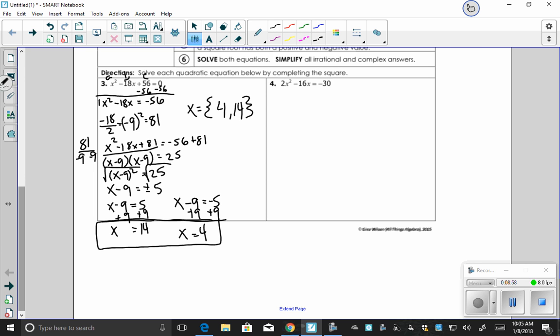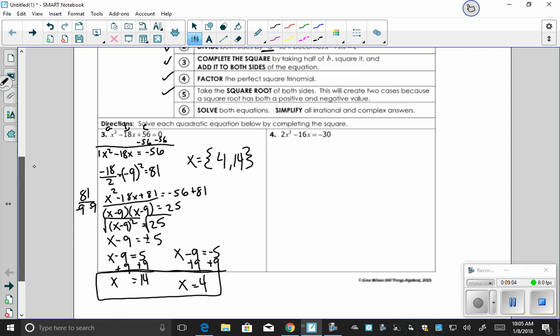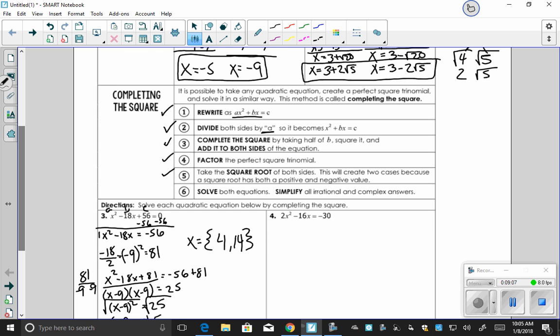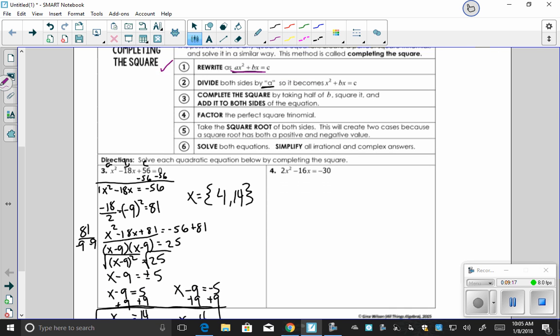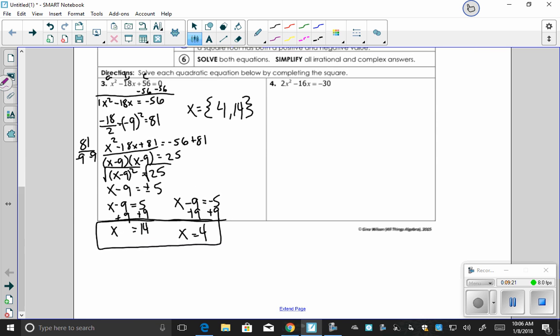So let's look at number 4. Step 1 is to always rewrite it so that it looks like ax squared plus bx equals c. Well, if I look at my problem, it already looks like that. So step 1, done. Divide both sides by a so that it looks like x squared plus bx equals c.